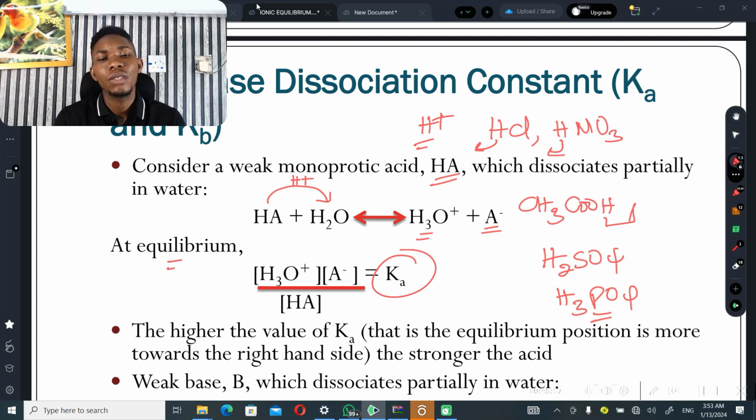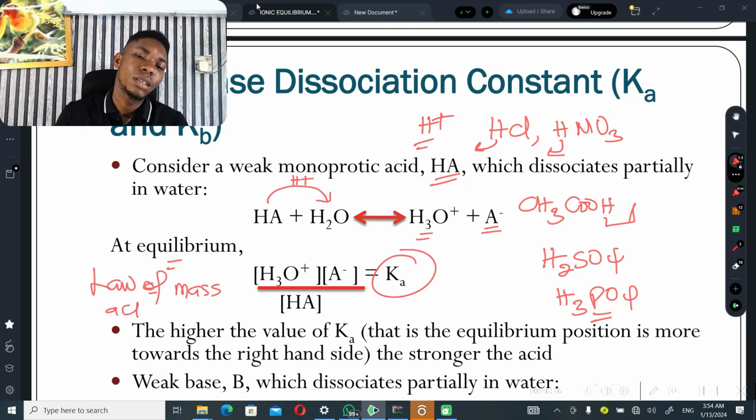Now at equilibrium, there's what we call the equilibrium constant expression, which is often represented with Ka. The equilibrium constant expression is written such that you write the concentration of the products all over the concentration of the reactants, following the law of mass action. If you don't know what the law of mass action is all about, you should go and browse about it.